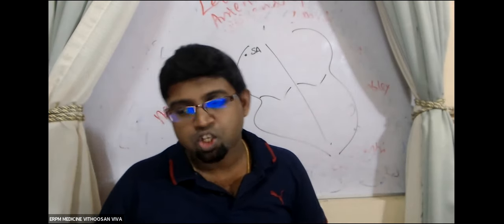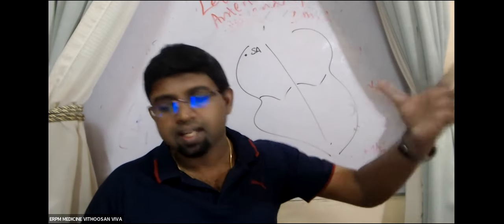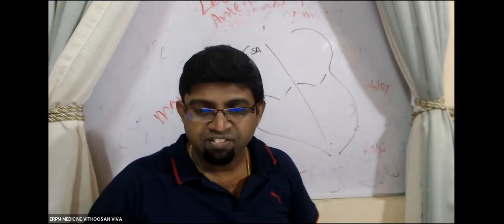In other words, the rest of the heart is suppressed. If you study in a proper ECG class, every part of the heart has the ability to send current. But normally the rest of the heart is suppressed because the SA node is discharging at a very high frequency.